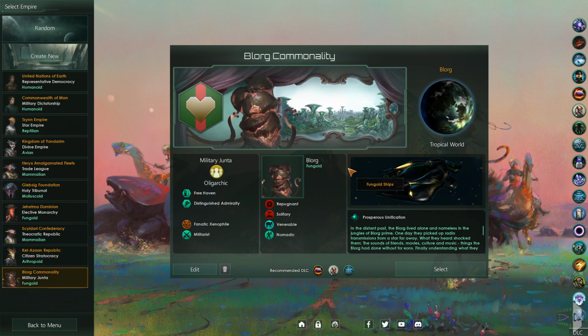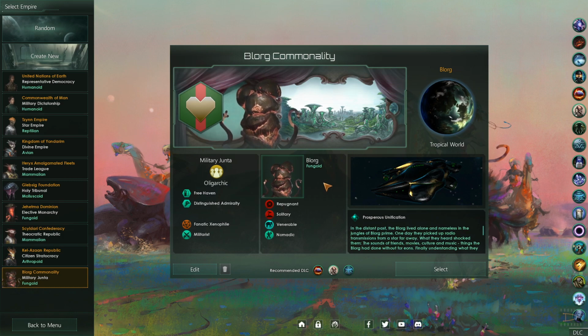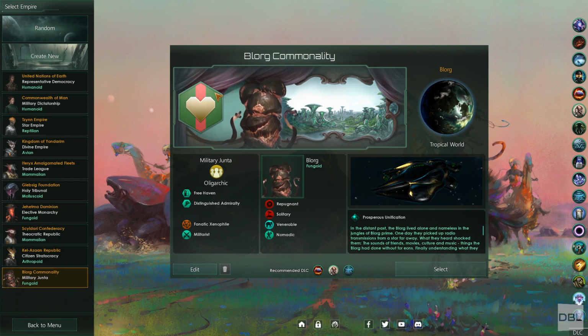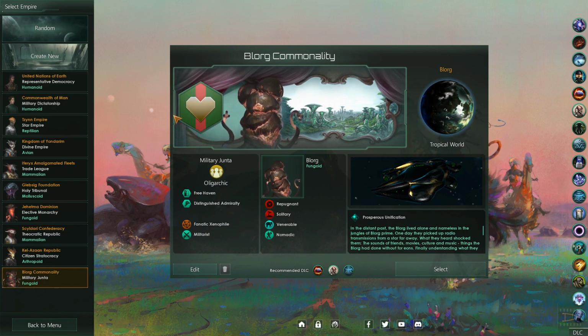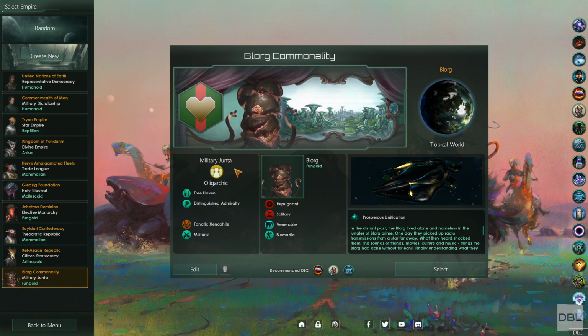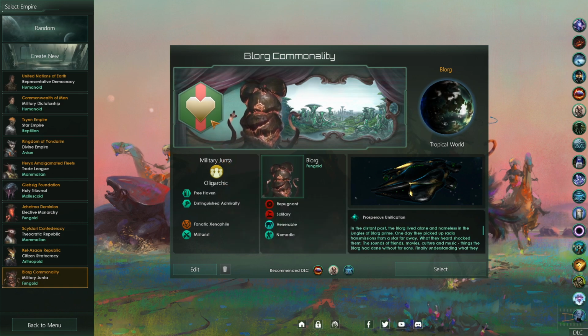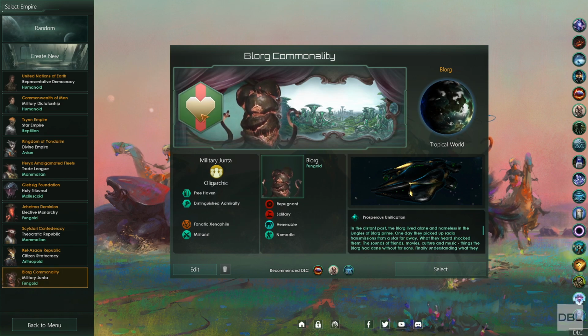The Blorg. They're another fungoid. It's kind of, I don't know. I kind of feel like they started just hitting some kind of randomizer to make this. Like, this is a military junta. They're oligarchic, and their insignia is a golden heart with a red racing stripe.